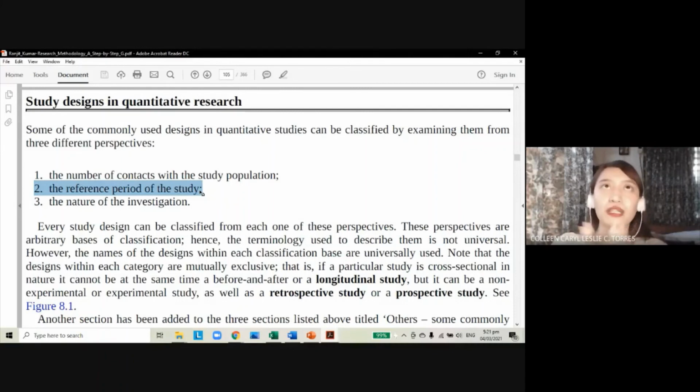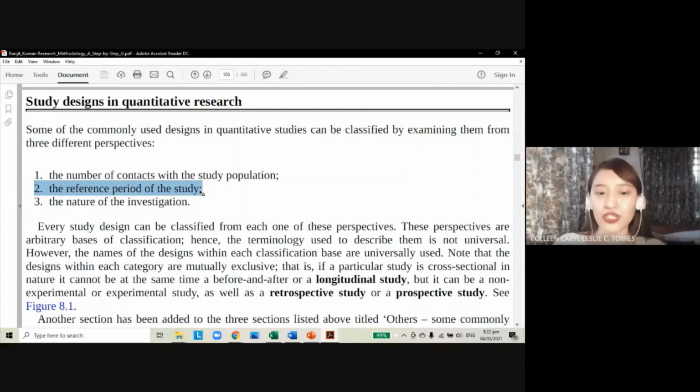When we say prospective data, it refers to predicting a future occurrence. So that refers to the reference period of the study.